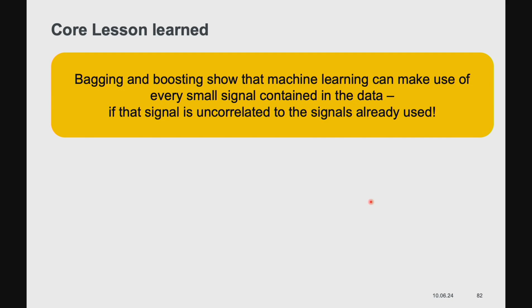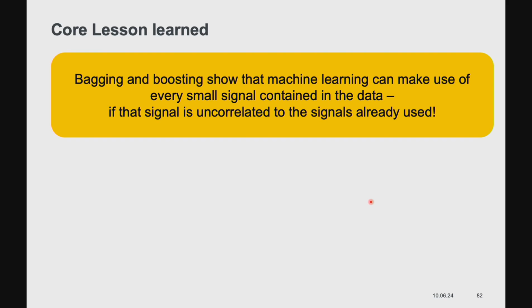Okay, so that's quite neat because it's a simple method, very effective, and often the go-to method when you need a good quality model, especially on tabular data. What this also shows is that with bagging and boosting, you make use of small signals. And this is a core principle behind machine learning.